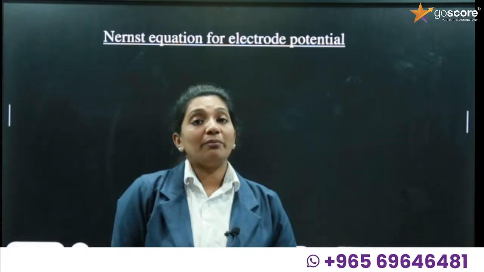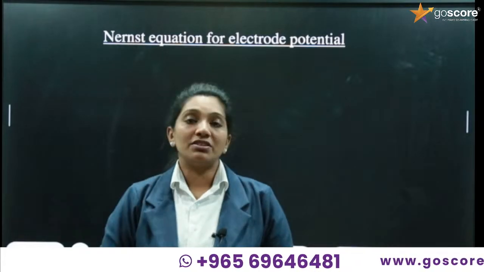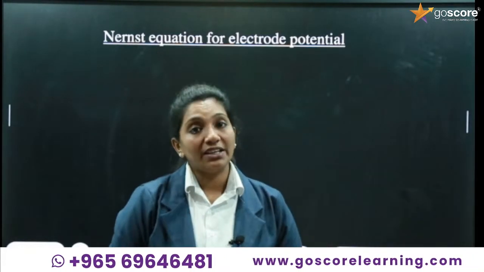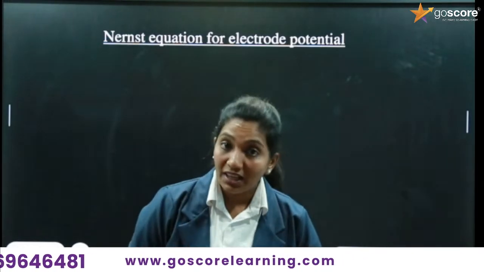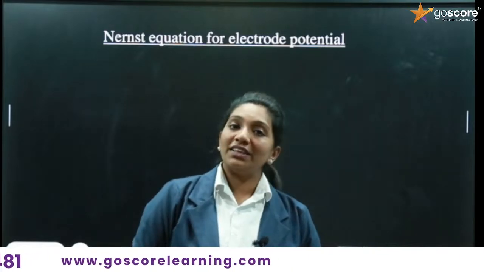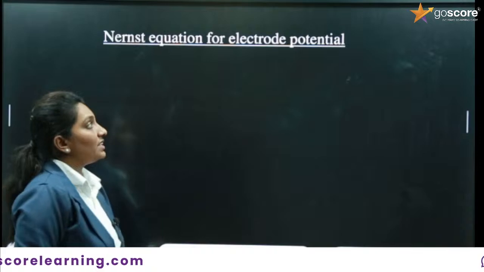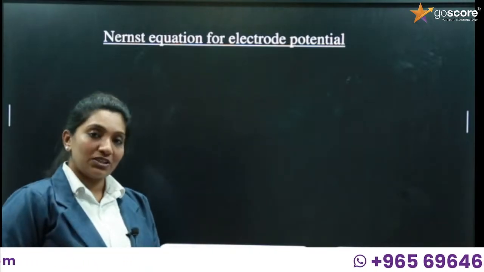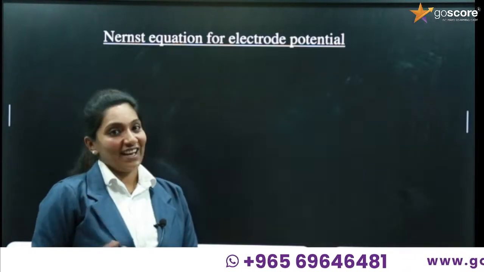If we are keeping it in a concentration other than 1 molar, how can we find the electrode potential? Therefore, to find the electrode potential, we use the Nernst equation. What is the Nernst equation, and how can we apply it for finding the electrode potential of a metal electrode, as well as the cell?